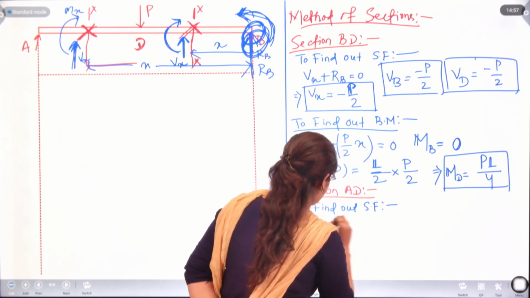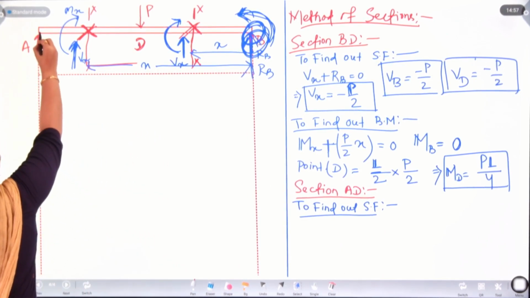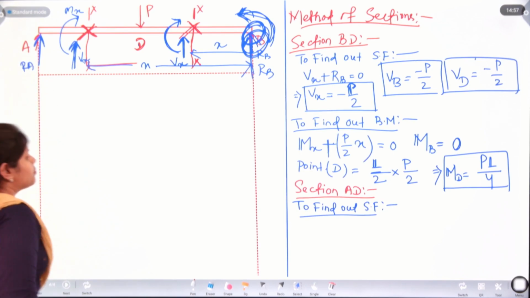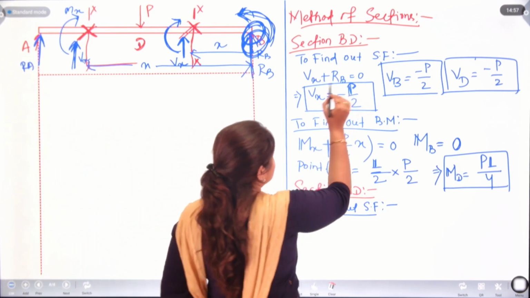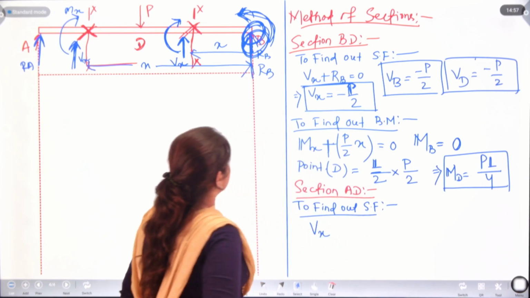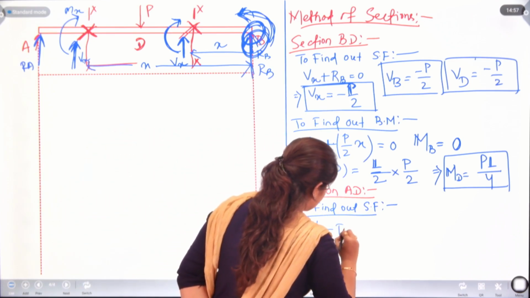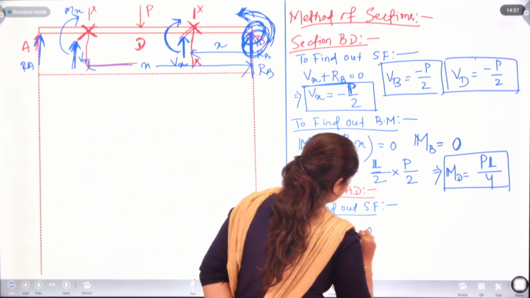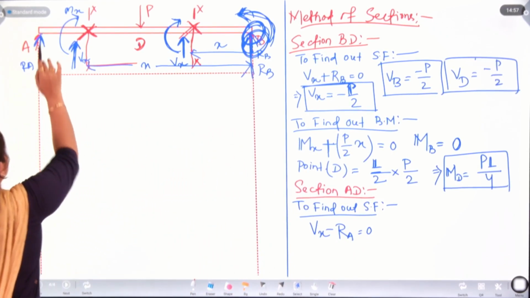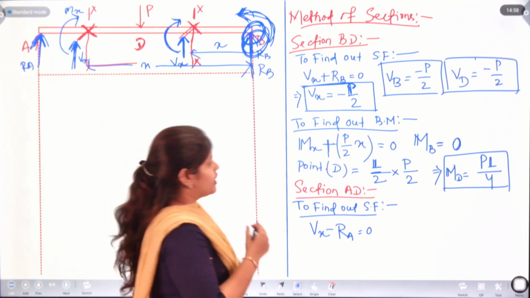To find out SF, here we are having one reaction force, that is Ra. In this case we will have Vx minus Ra is equal to 0. Why? Because this is on the opposite side and the sign will be changed in this case.